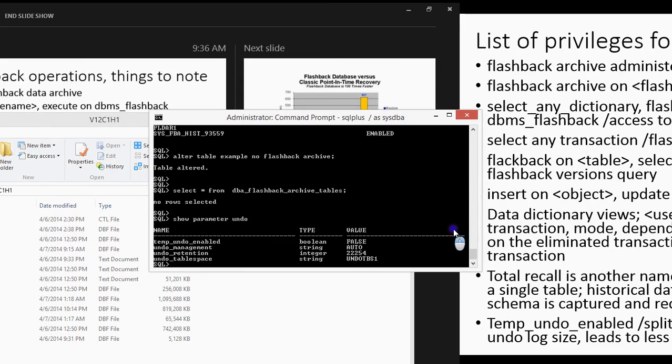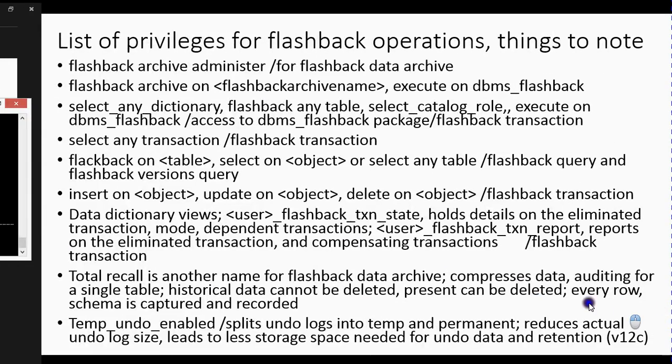This is a recent feature only available in 12c. What this does is split undo logs into temporary undo logs and permanent undo logs. So the temporary undo logs are going to expire.